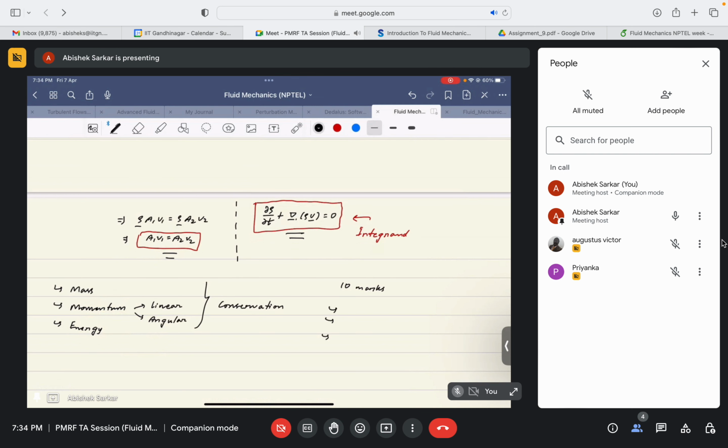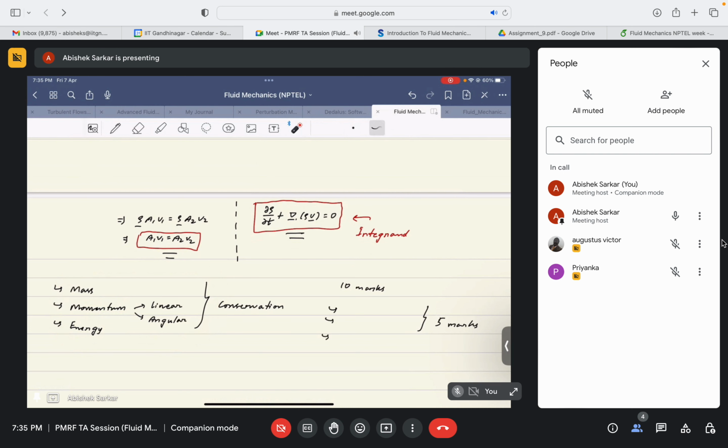You will at least get 5 marks, because you know that mass, momentum and energy must be conserved whatever the fluid mechanics problem may be. So the examiner will know that at least you have an idea how to approach a problem, and that's why it's very essential.